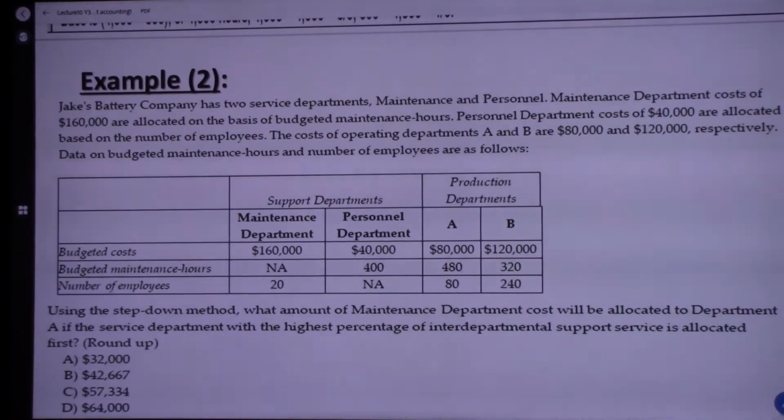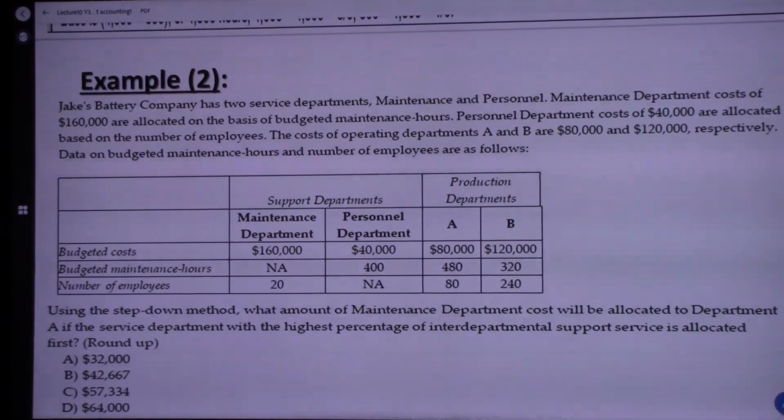And we have the allocation base for the maintenance department and the allocation base for the personnel department. The example says that the costs related to the maintenance department are allocated based on maintenance hours, while the personnel department allocation base will be the number of employees.